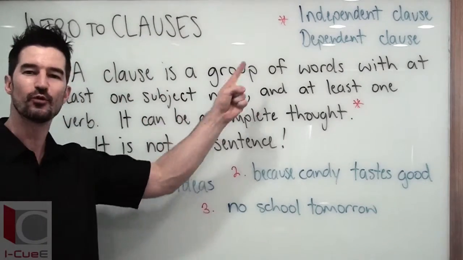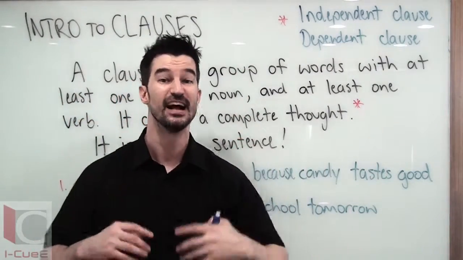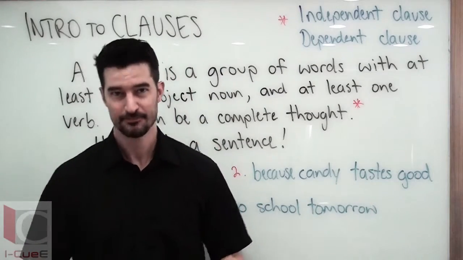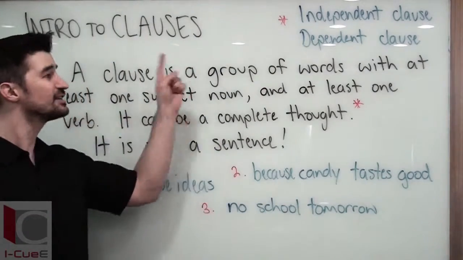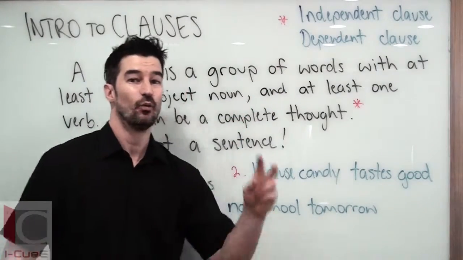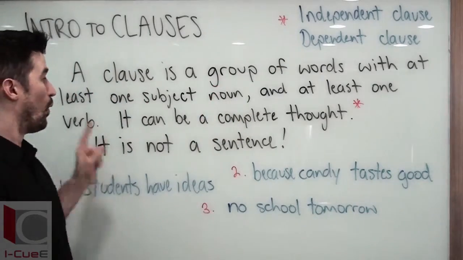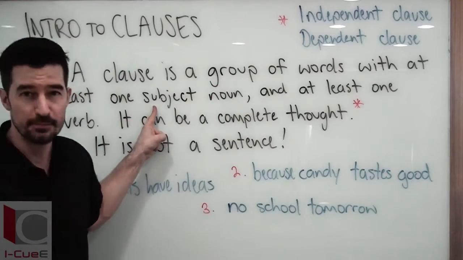The groups of words that we're talking about have to be groups of words that go together and they need to make sense. So, a clause is a group of words that goes together, and two of those words have to be from this definition. One of the words has to be a subject noun.